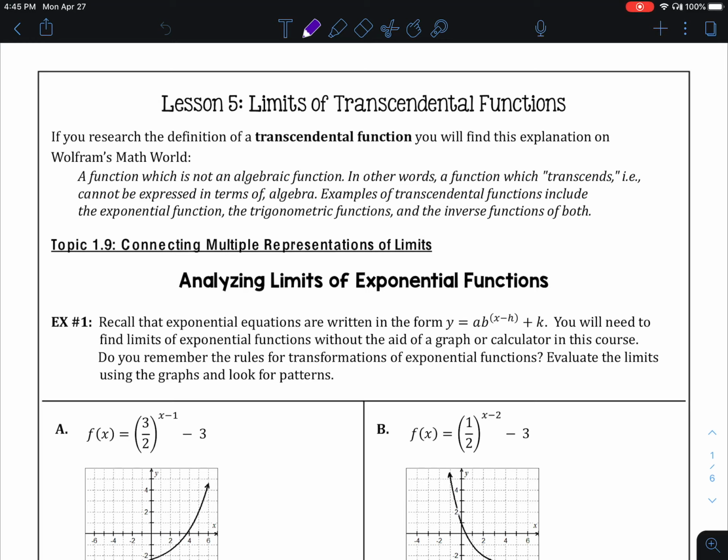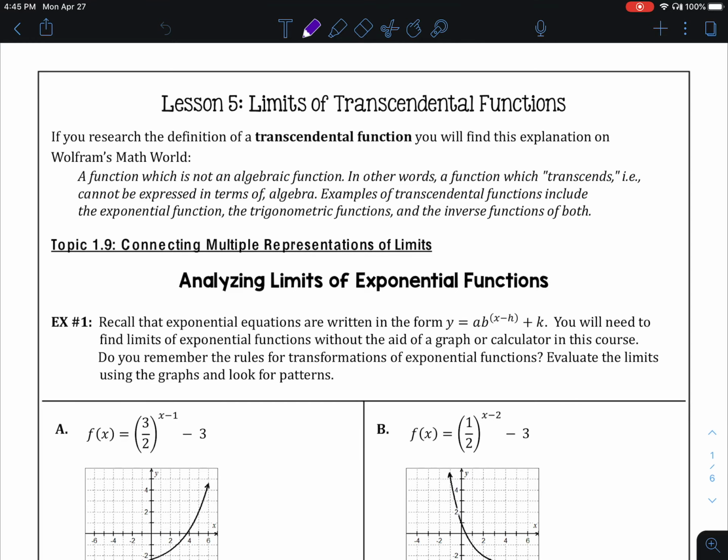These functions include exponential functions, trig functions, and any inverse of either an exponential or a trig function. And so when we talk about transcendentals, what we're really talking about is e or an exponential function, ln or a log function, and then our 6 trig functions that we know pretty well.